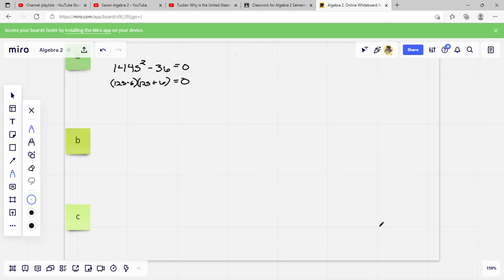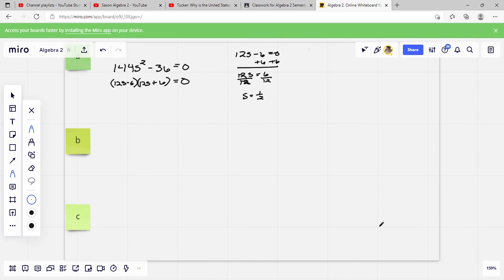So I've got 12s minus 6 equals 0. So I'm going to say plus 6 on both sides, and I'm going to get 12s equals 6. And then I'm going to divide by 12, and I'm going to get s equals 1/2.